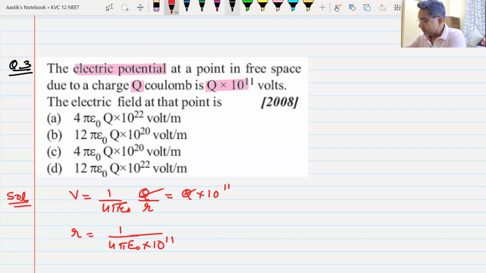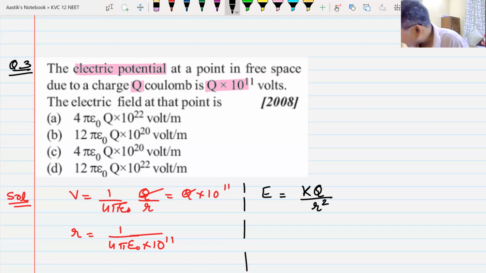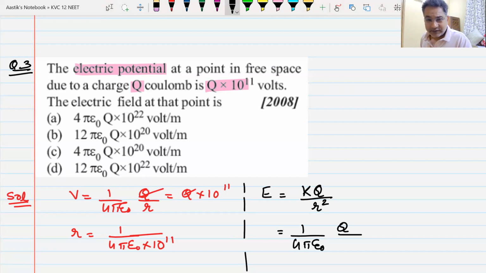Now I also know the electric field created by this point charge is KQ by R squared. So I just put the value of K, which is 1 by 4 pi epsilon naught. The value of Q is Q. I have to multiply it by 1 by R squared.